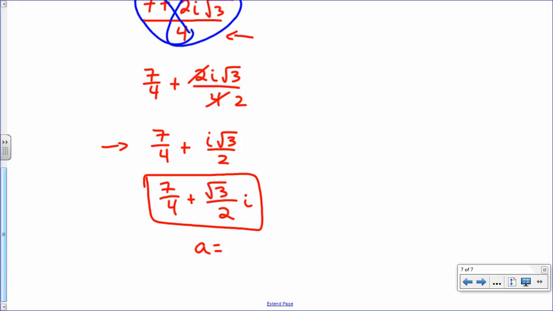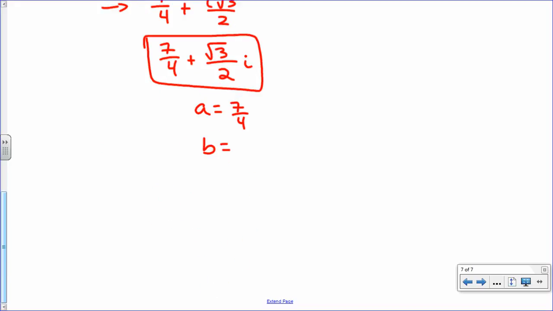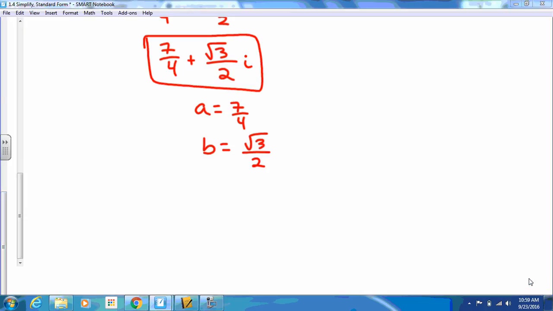Alright, so my real part, a, is 7 over 4. And my b is square root of 3 over 2. Good. Questions about that one? Okay, grab your whiteboards. That's all I notes.